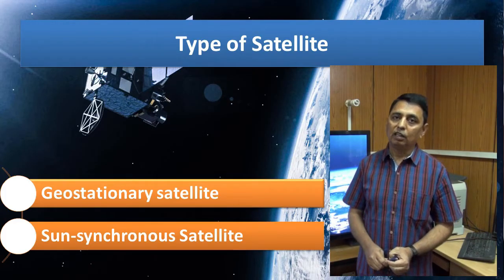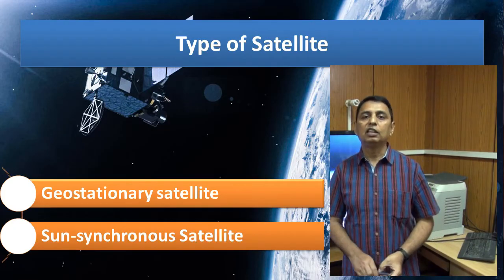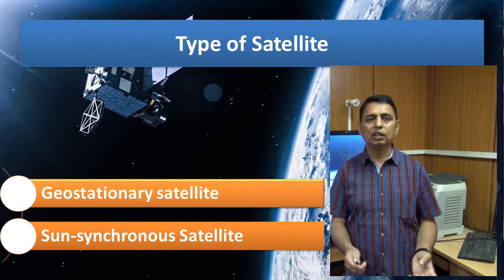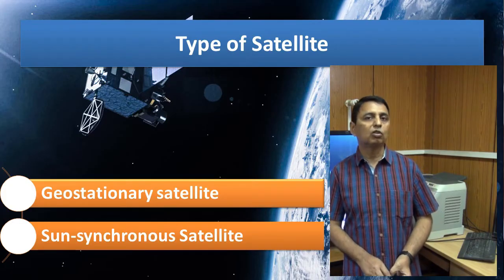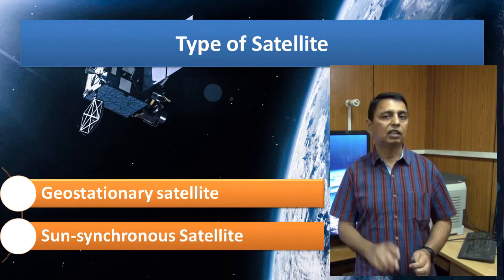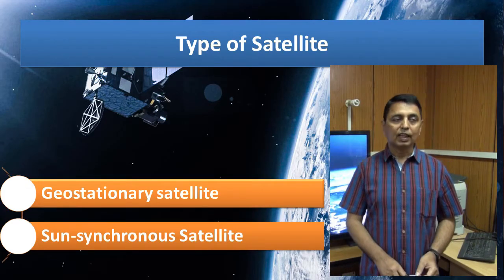This sun-synchronous satellite is launched at nearly 900 kilometers. Normally it varies from 300 to 1500 kilometers, but most sun-synchronous satellites are fixed at 800 to 900 kilometers above the surface of Earth.